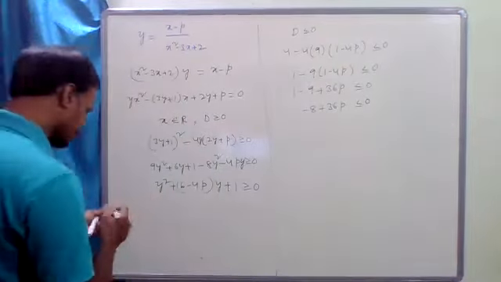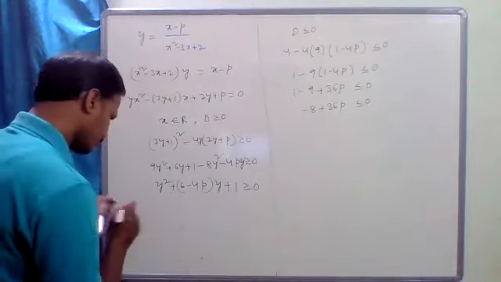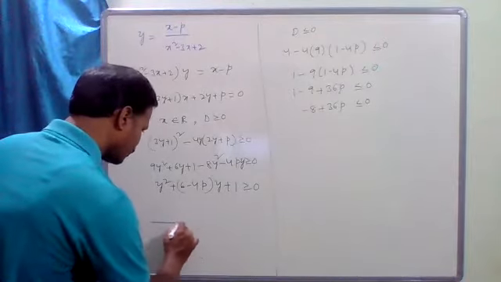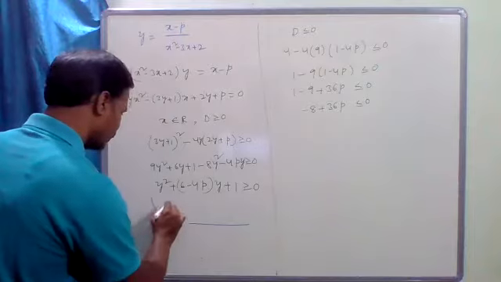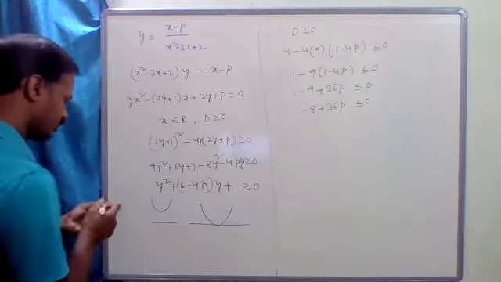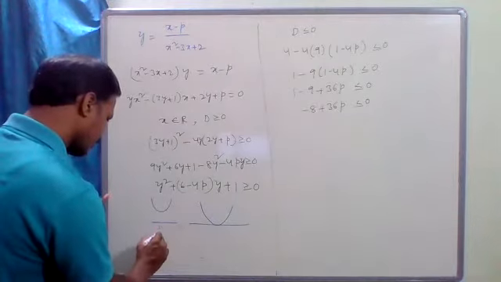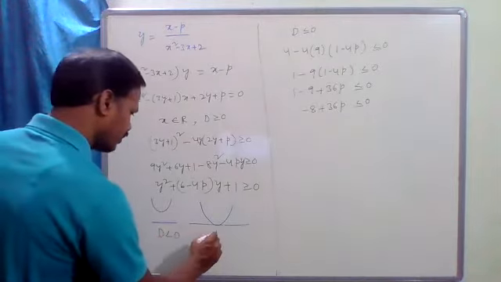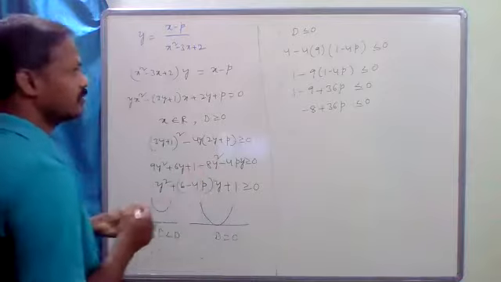And now the graph is like this, either like this or it may touch. So in this case, D is less than 0. Here D equal to 0.